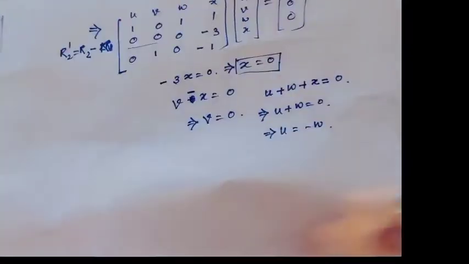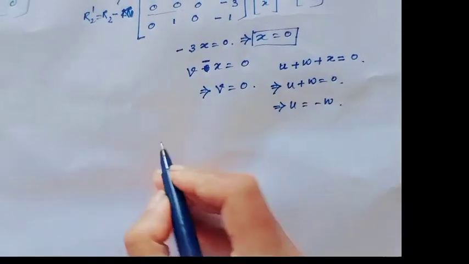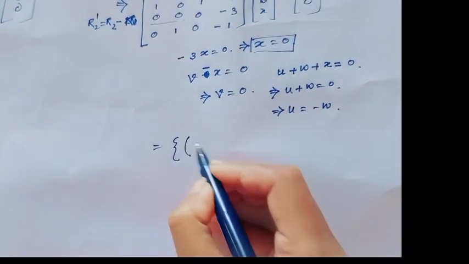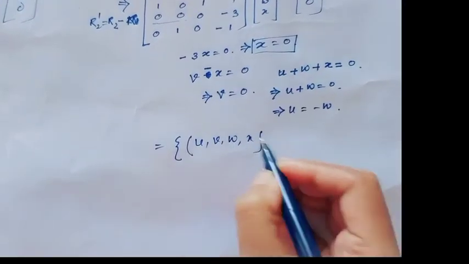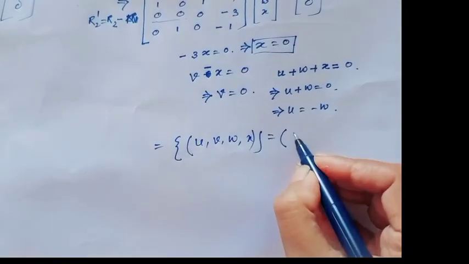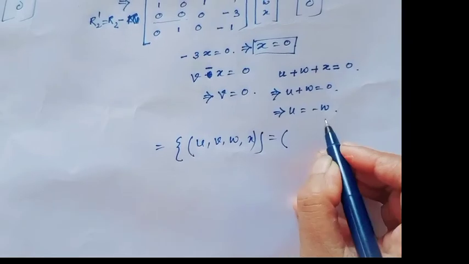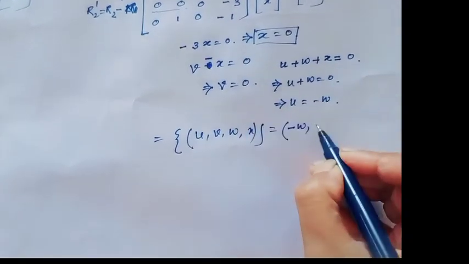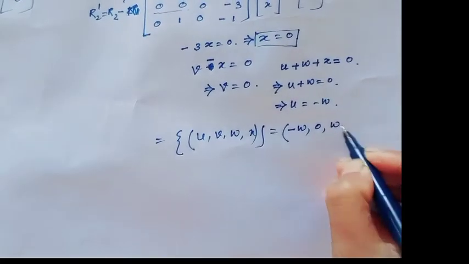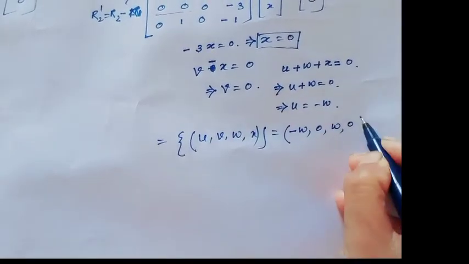That means the basis of W2 is of this type, u v w x, where u equals minus w, here minus w, and v equals 0, here w, and here x equals 0.